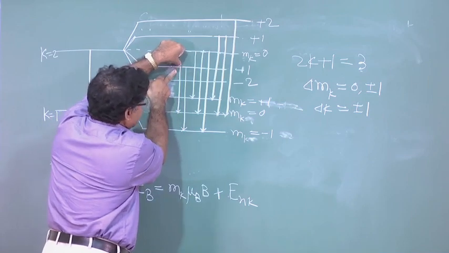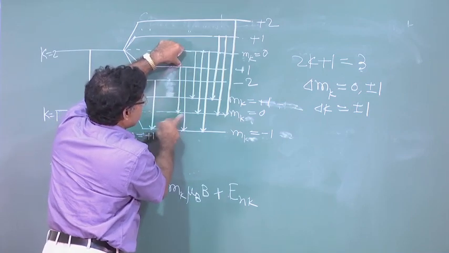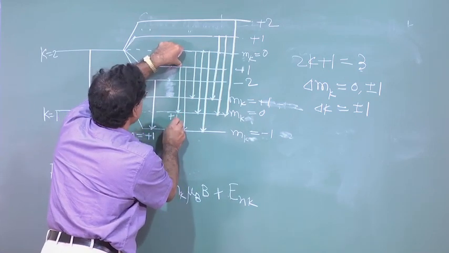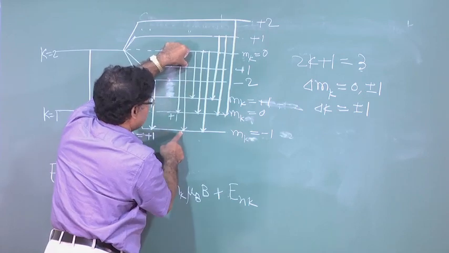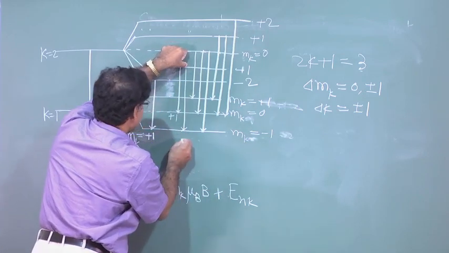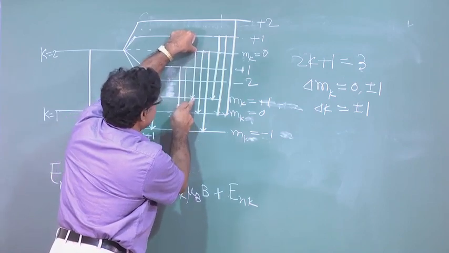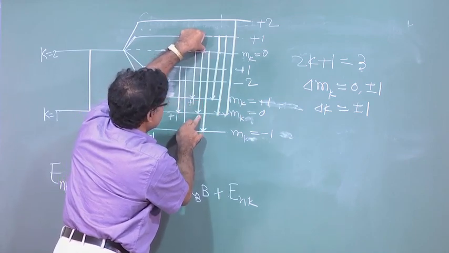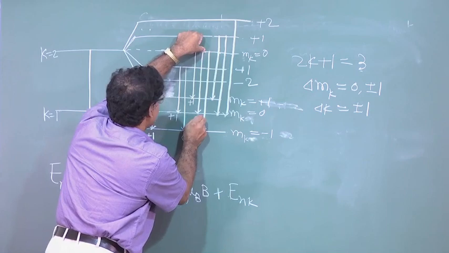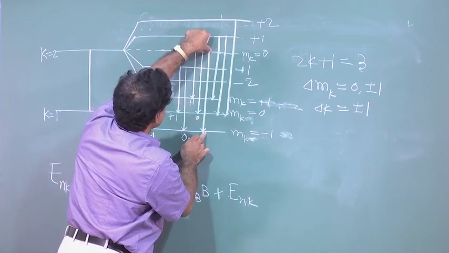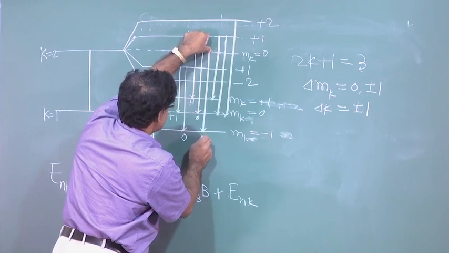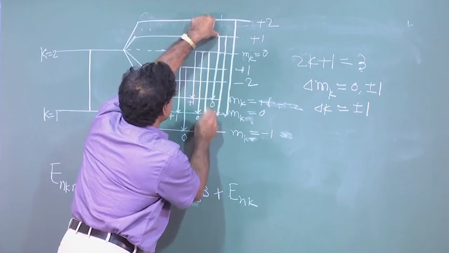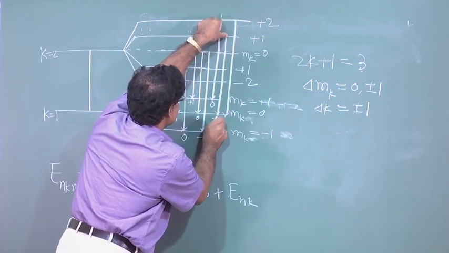So, check this one, the difference is plus 1, so this is plus 1 delta mk. This one delta mk is 0. Between these two it is plus 1. This one delta mk is 0, this one delta mk is minus 1, this one is 0, this one is minus 1.